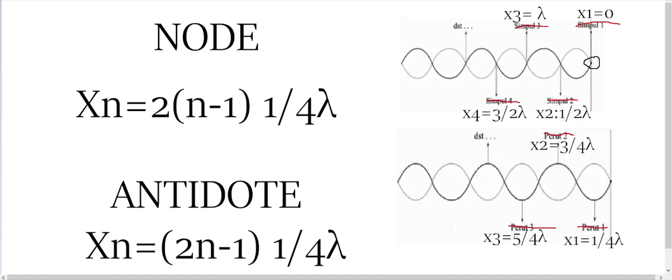For the antinode itself, it is xn equals 2n minus 1 times quarter of lambda. So it's almost a different formula. It just has a different position of the 2 here, as you can see from the pattern itself. And the n itself must be a whole number, which is 1, 2, 3, 4, 5, and so on.